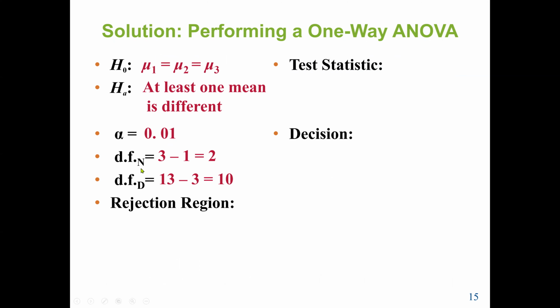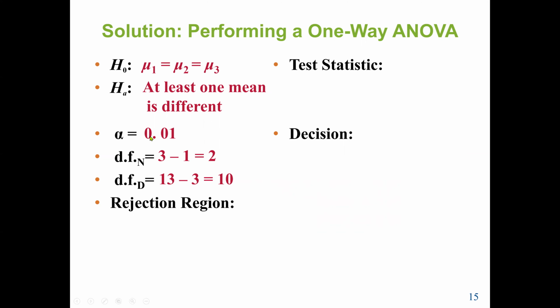Degree of freedom for the numerator is 3 minus 1, because K is 3 samples. For the degree of freedom for the denominator, we need to know the total of the 3 samples. So we have 4, 5, 4, which is 13, minus how many samples? 3, so this is 10.